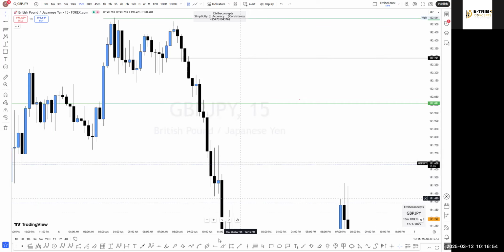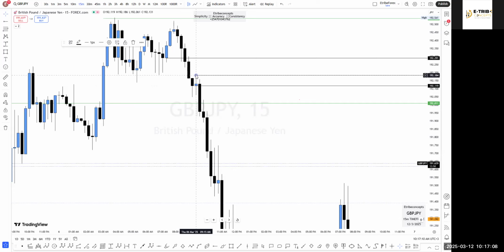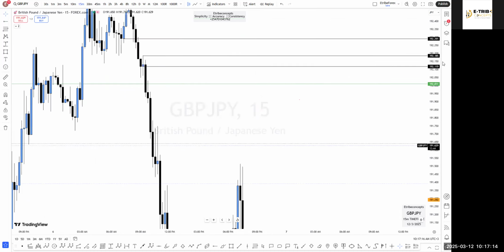Then we have this structure here. Daily, 1 hour, 15 minutes. If your SL is big, we go to lower time frame to refine. Remember, sometimes too much refinement, you can miss entries.